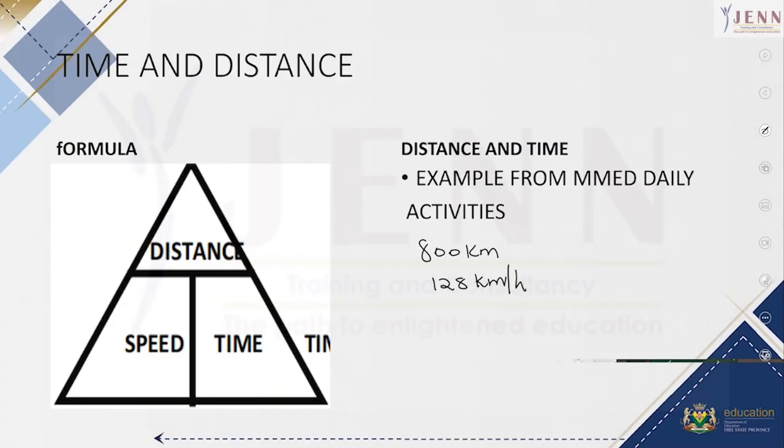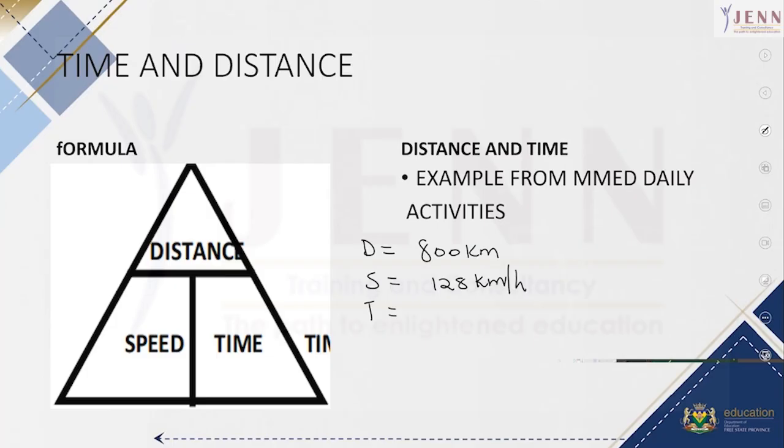I always ask my learners to arrange their information. Distance 800, speed 128, then you know that you want time. The triangle, I think, is really helping, because they know that it is DST. So it's working wonders also.